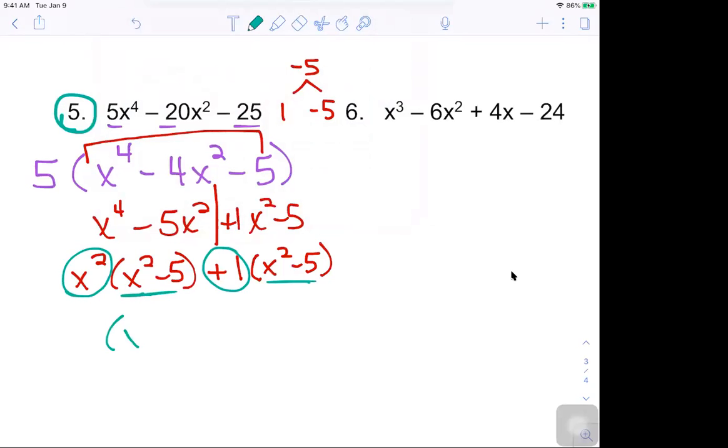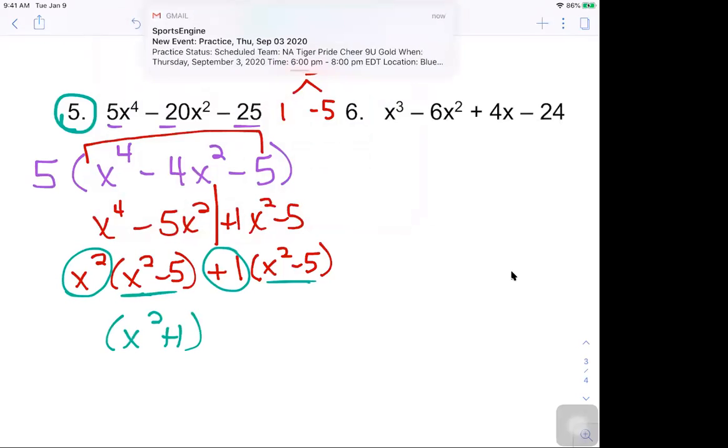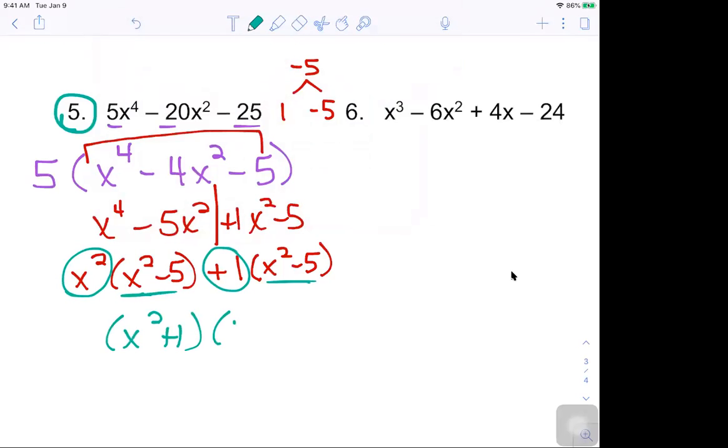So I'm going to group x squared plus 1, grouping those together, and then I'm grouping x squared minus 5. And then that last thing that sometimes gets forgotten, there was a GCF, so we have to take the GCF and bring it down. So this is factoring a trinomial that isn't just x squared, but instead is x to the 4th, but the process is exactly the same.